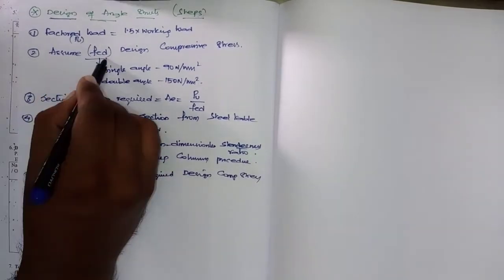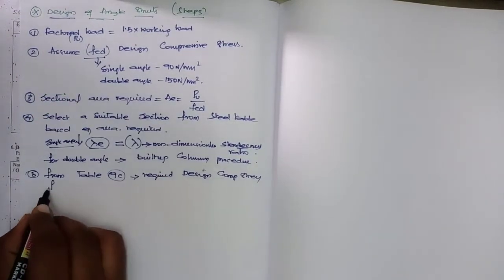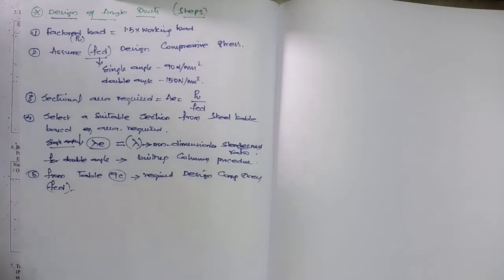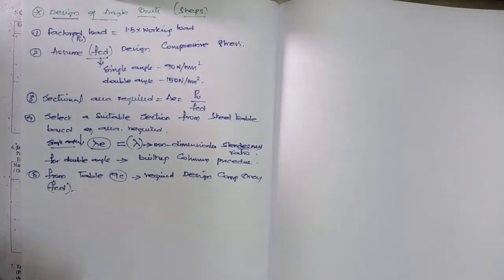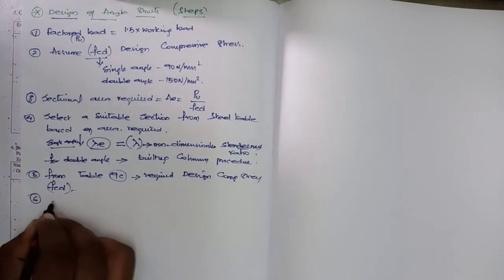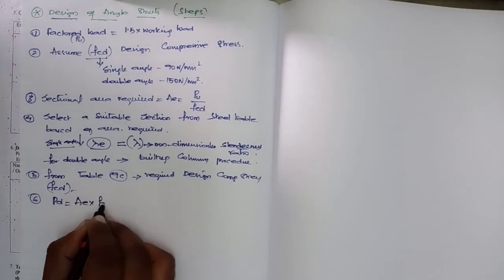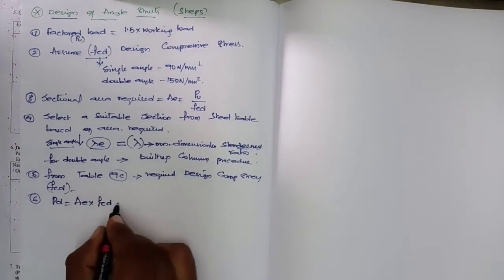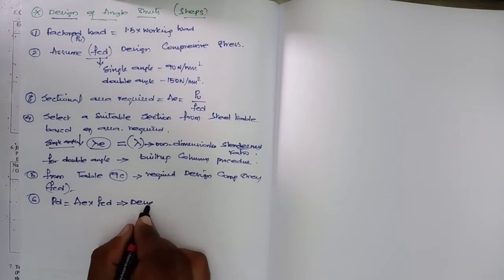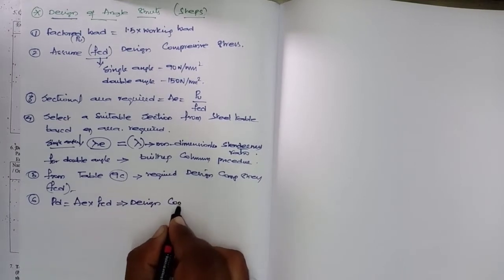This is what is actually needed, FCD. Next, you calculate PD. What is this PD? AE into FCD, which is called the design compressive strength.